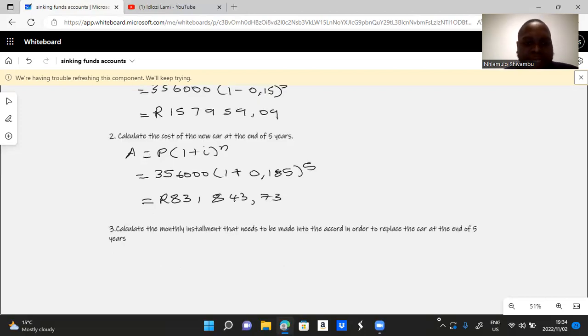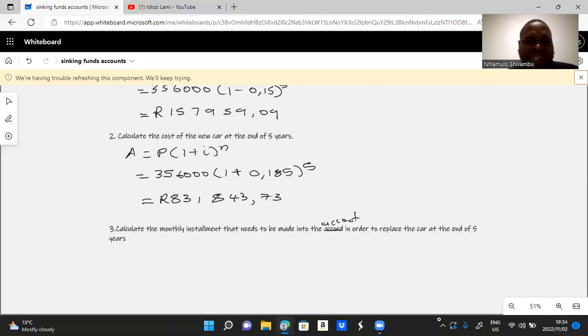And then let's check here. They say you calculate the monthly installment that needs to be made into the account in order to replace the car at the end of 5 years.